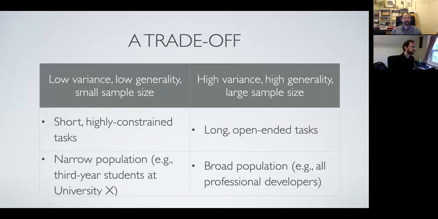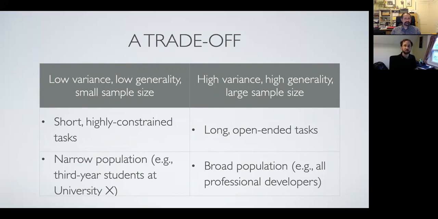So there's a trade-off here, right, between low variance, low generality, and small sample size, and high variance, high generality, and large sample size. So you typically end up with high variance if you have long open-ended tasks, but that also can increase your generality, right? Because, well, real-world tasks may be long and open-ended.